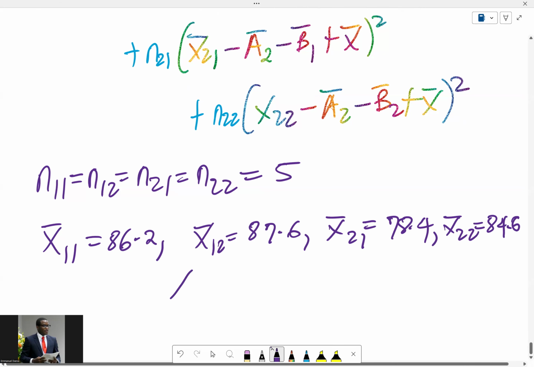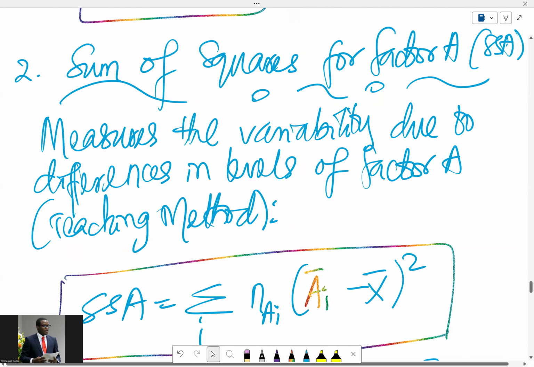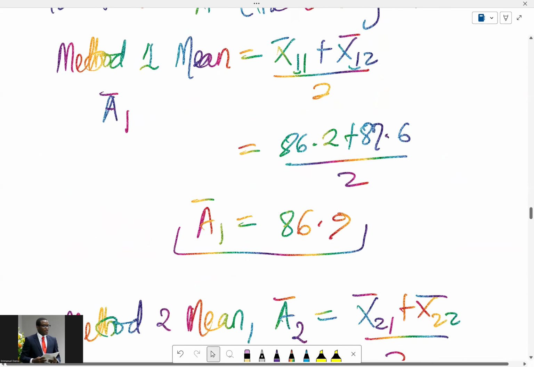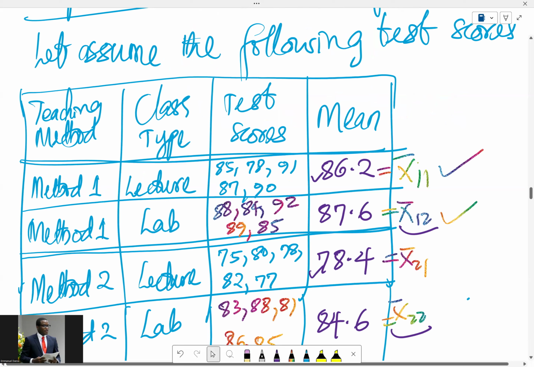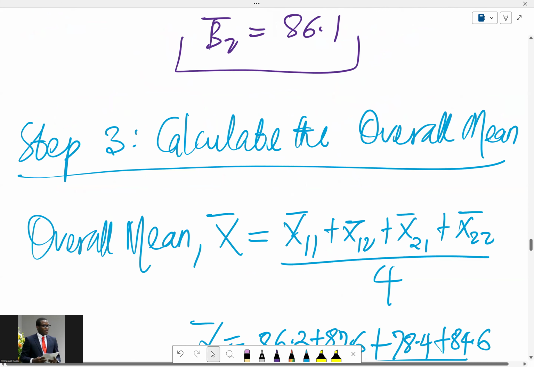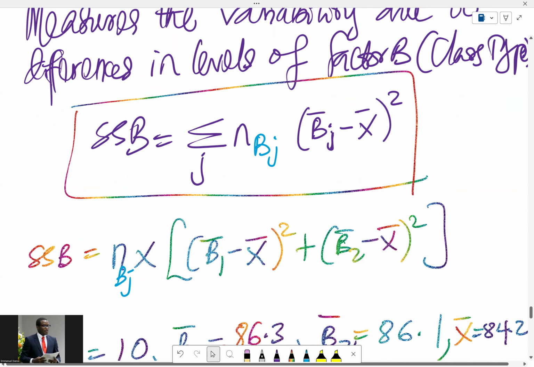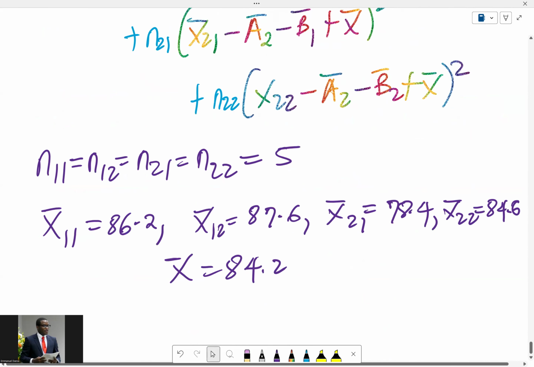And then lastly, x bar itself is 84.2. That's from the very first step where we got all those things. Yeah, 86.2, 87.6, 78.4, and 84.6, whereas the overall mean is 84.2 here. So with this now, we can put everything together.